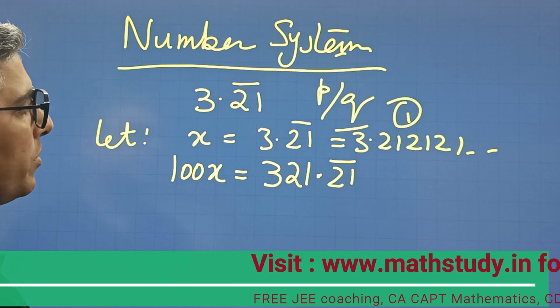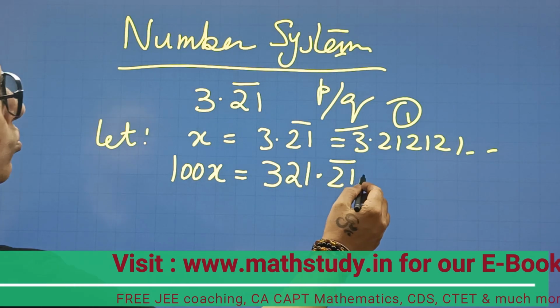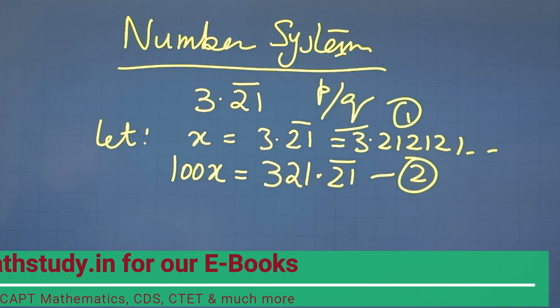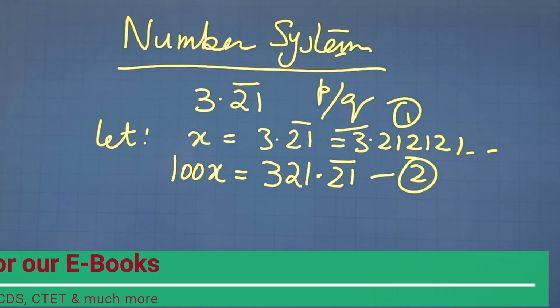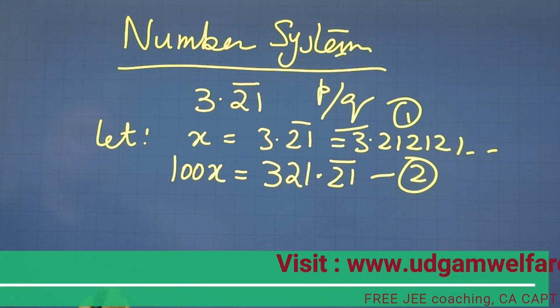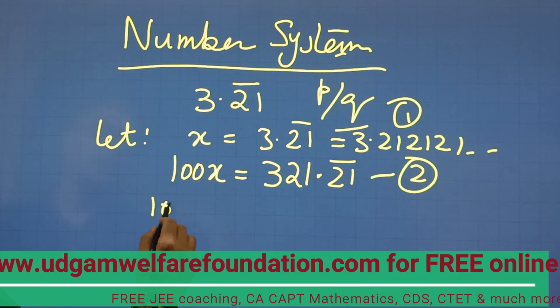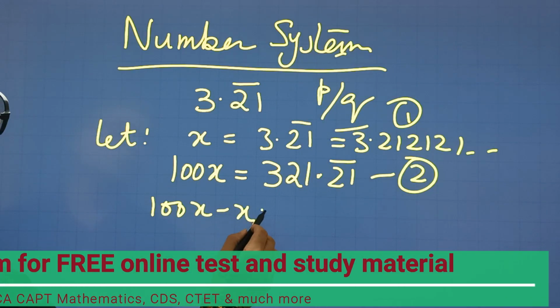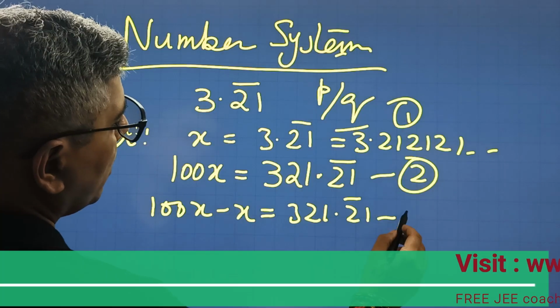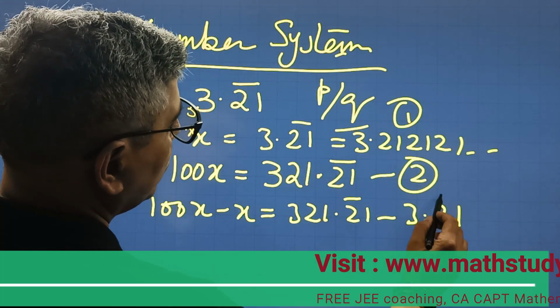That is the main concept here. Now we have to subtract these two equations to get rid of the 0.21 bar. Now let's subtract it. 100x minus x equals 321.21 bar minus 3.21 bar.